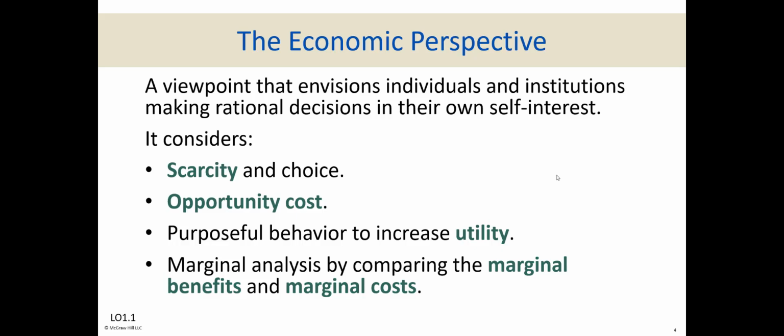Okay. So the third point that you need to understand when you understand the economic perspective is the purposeful behavior to increase utility. So when we make a decision, we compare the benefits and costs and we try to increase the satisfaction. So utility is a numerical value we receive from satisfaction. For instance, you drink one glass of water, you're very thirsty.